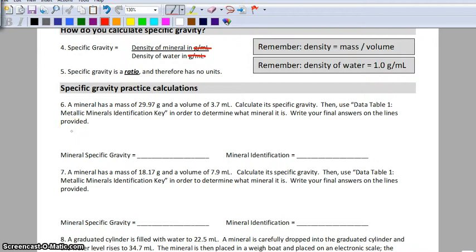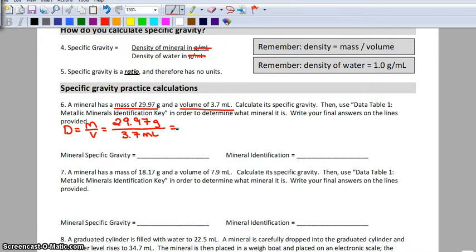So to get specific gravity, we know we're going to have to find the density of the mineral. So we know that density equals mass divided by volume. If we go back and look, it has a mass of 29.97 grams. We're going to divide that by the volume of 3.7. So please pull out a calculator if you have not already.